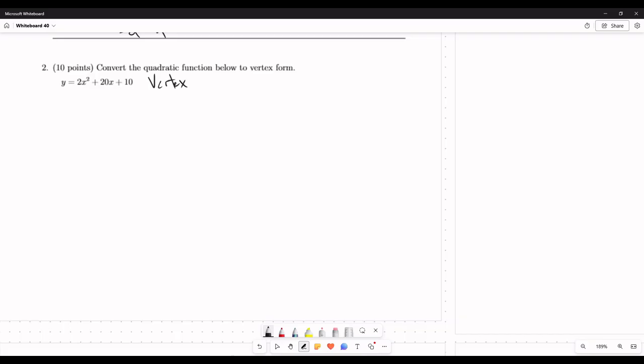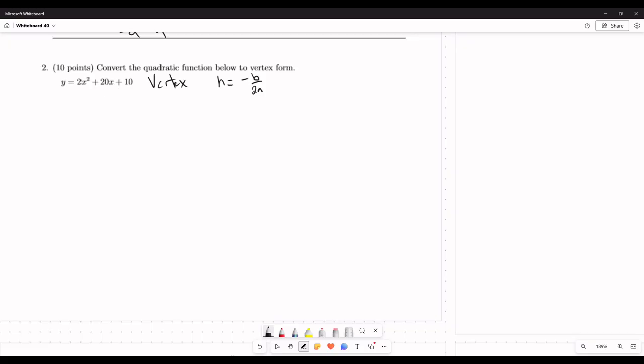The vertex has an x coordinate. I'm going to call it h because that's what we have in our vertex form up there. h is going to equal negative b over 2a. I don't have a fancy formula for k, but basically for k, we just plug in this value for x, and then we see what our corresponding y coordinate is going to be.